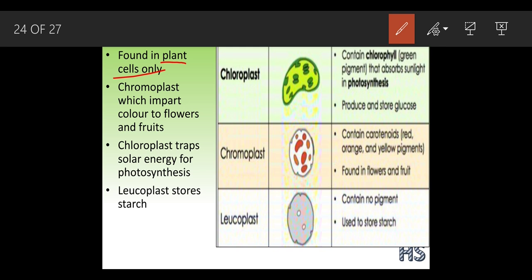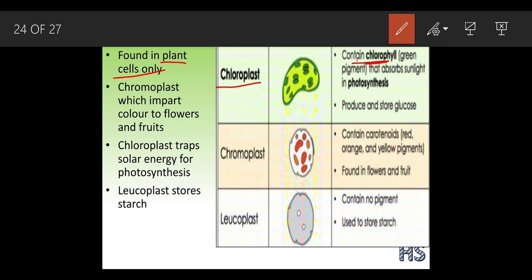You have heard about this word previously, chloroplast. What is a chloroplast? Chloroplast is the cell organelle which contains chlorophyll. Because of this chlorophyll, plants get the green color.